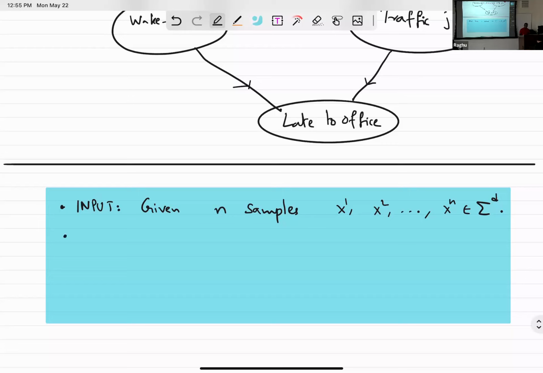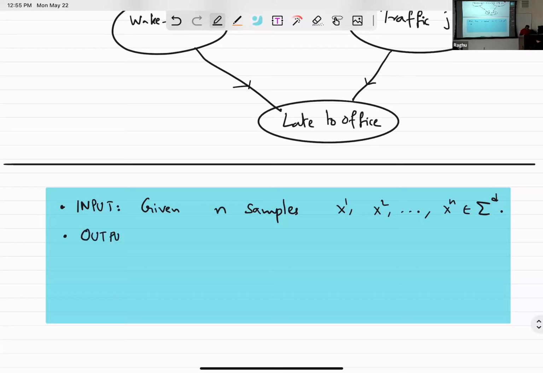As a learning question, you can ask, can I reverse engineer and figure out what is the graph that explains this? We don't know the graph. We're given the samples, but we're trying to learn the underlying causal or dependent structure.